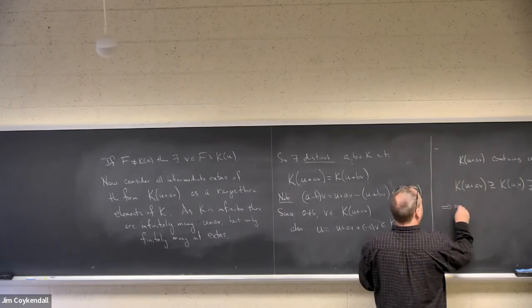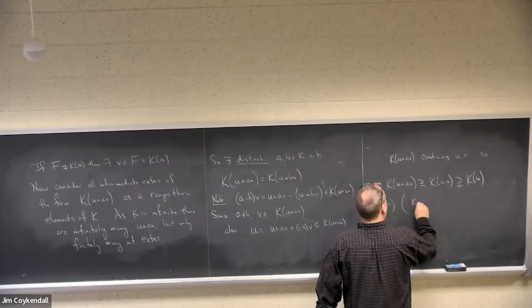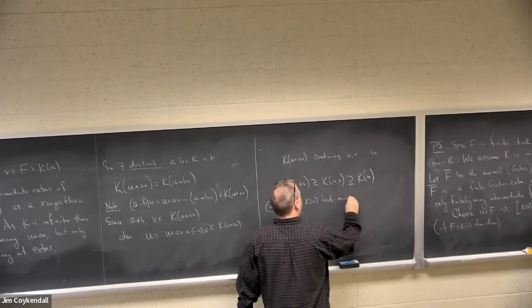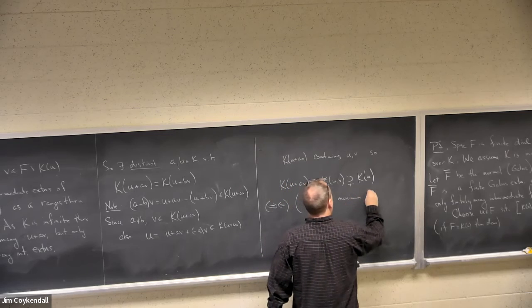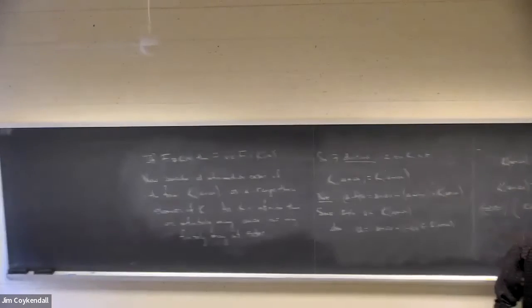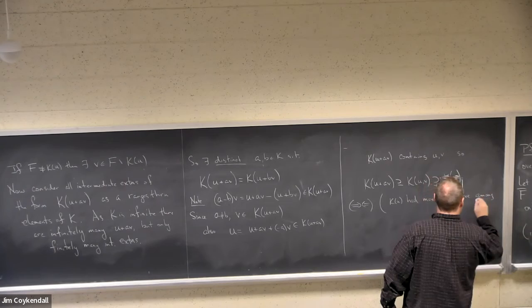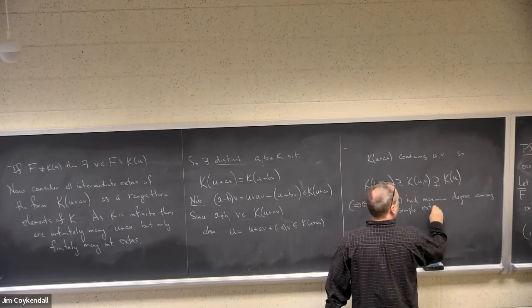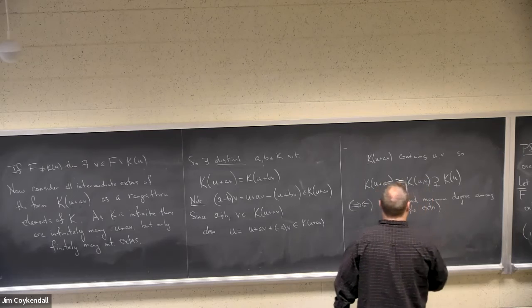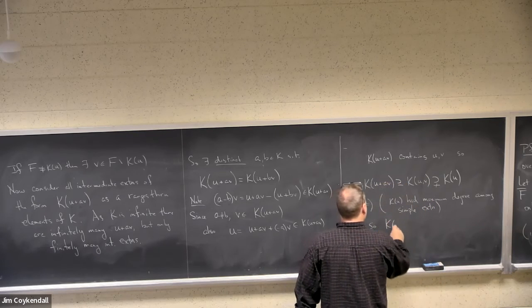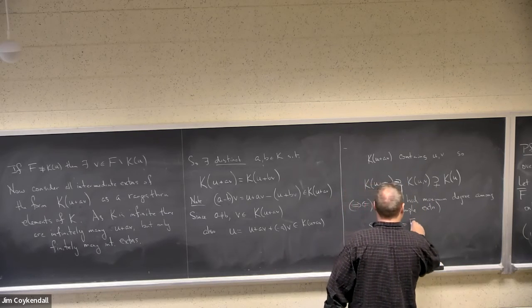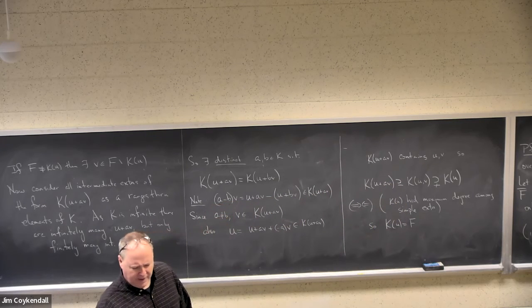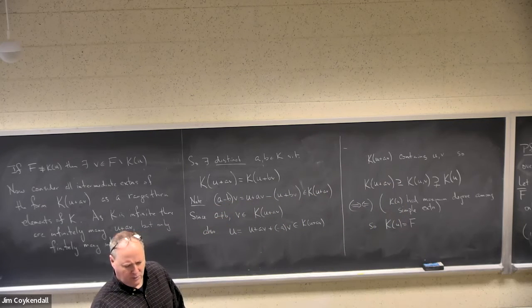This is a contradiction, as K(u) had maximum degree among simple extensions. So there's your primitive element. This one that has maximal degree actually generates everything you want.